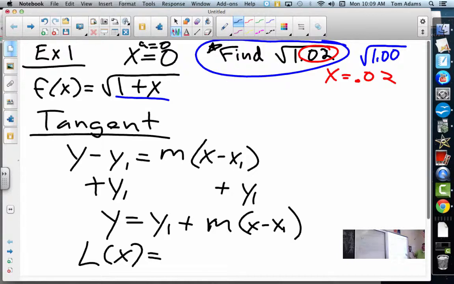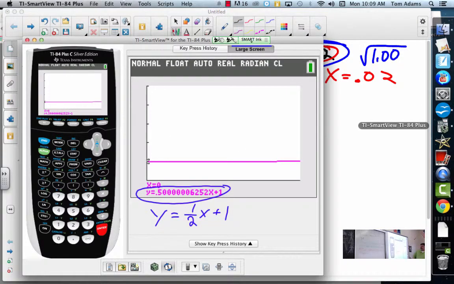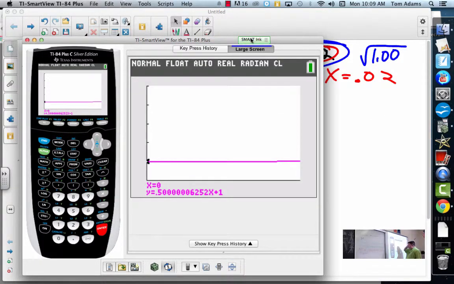So if y sub 1 is my y value of the function, I'm going to clear out my tangent line. What is the y value of this function at x equals 0? 1. Right? You guys remembered that, right?